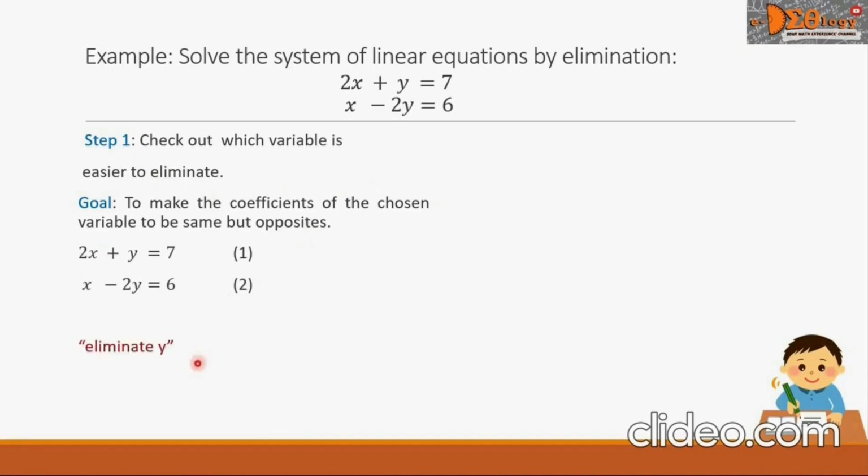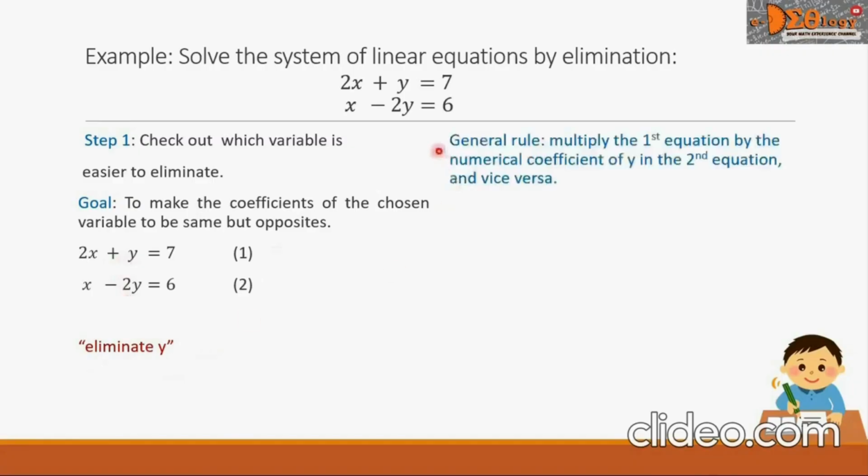As for our discussion, I would like to eliminate y for the reason that they are already opposite signs. However, they have different coefficients. So let us do some manipulation. This is the general rule. Multiply the first equation by the numerical coefficient of y in the second equation, and vice versa.